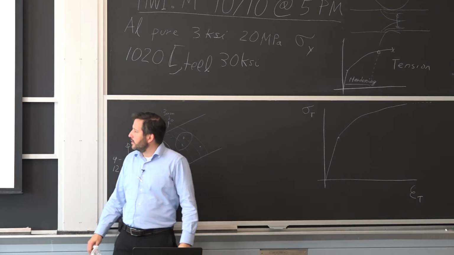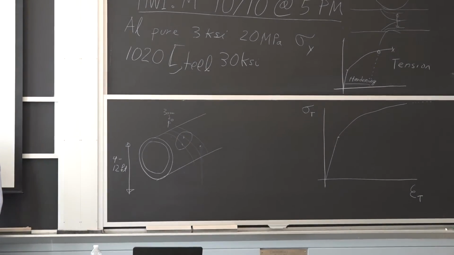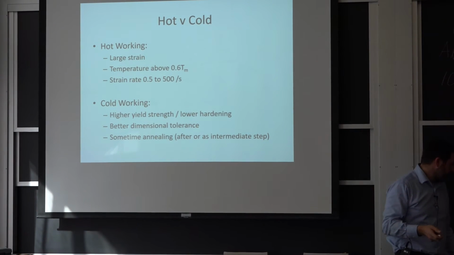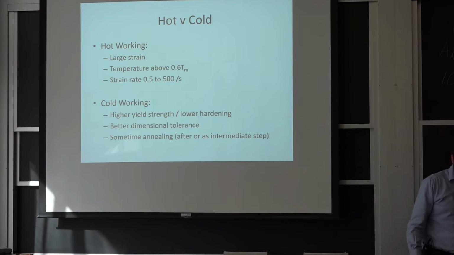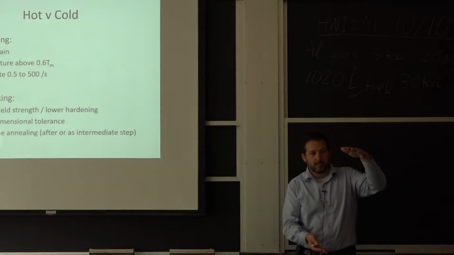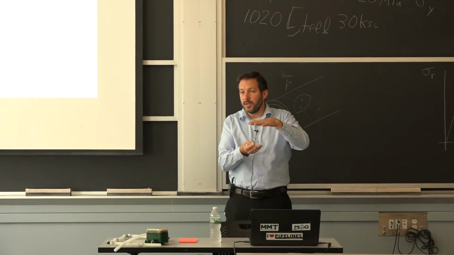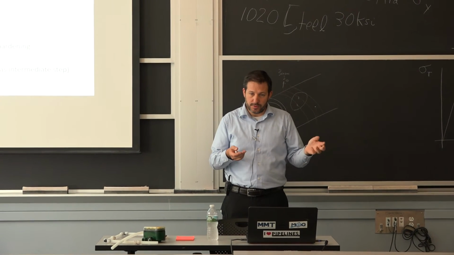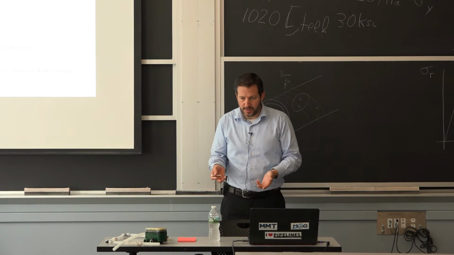When I see here better dimensional tolerance, well, there is a big exception to that. Let's say I take a big plate that gets cold formed to become stronger, and you can do that with certain aluminum alloys like the 3500 series.